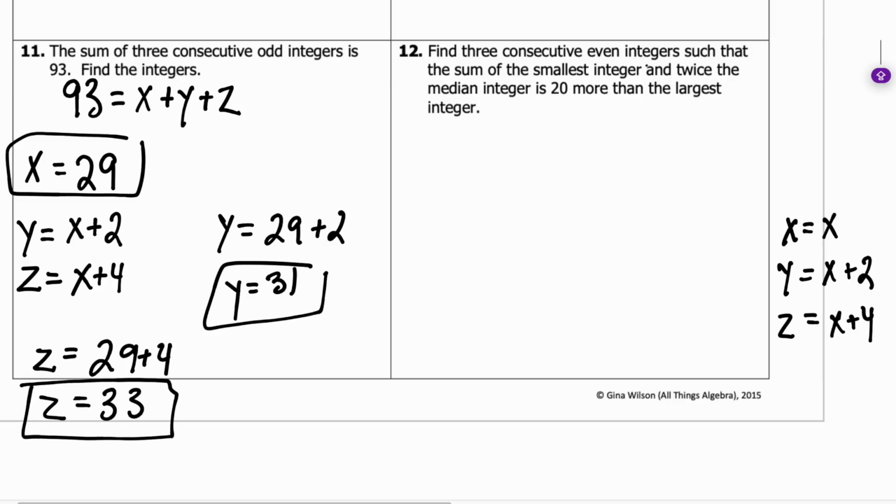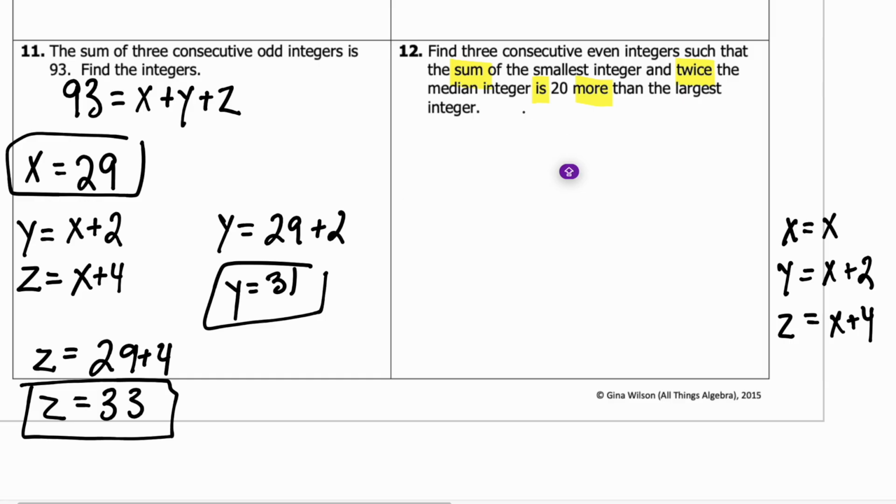So it says find the 3 consecutive even integers such that the sum, that's a good word to highlight, the sum of the smallest integer and twice the median integer is 20 more than the largest integer. Well, let's highlight the word more as well.